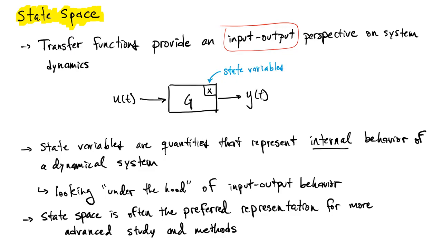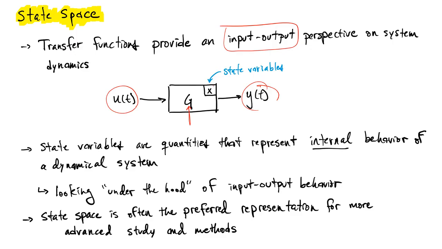And so from a transfer function point of view, we specify G, and that transfer function maps the input signal to the output signal. And it has all the dynamics built inside, but we're not explicitly observing them or keeping track of them.